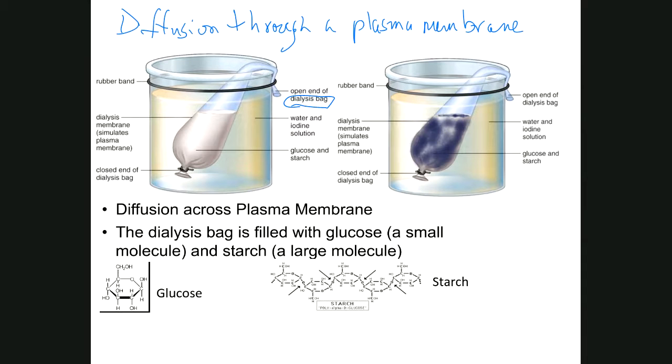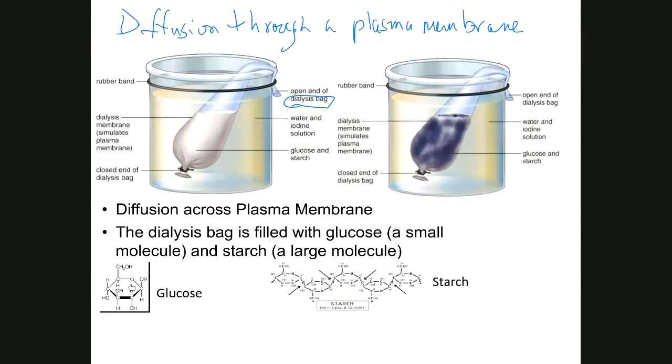In this exercise, I would have cut a piece of tubing of this dialysis membrane. I would have tied it off at one end and on the other end as well, just to make a bag. I would have filled it with glucose, which is sugar, which is a small molecule.